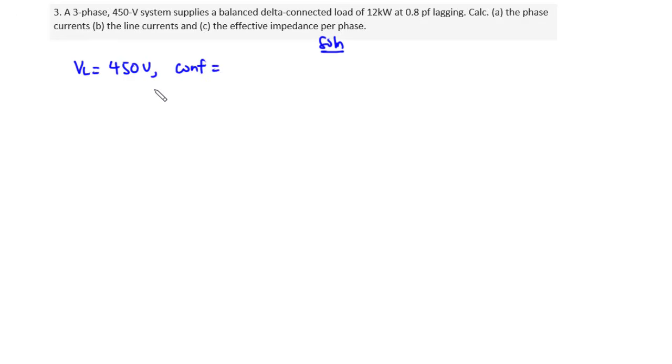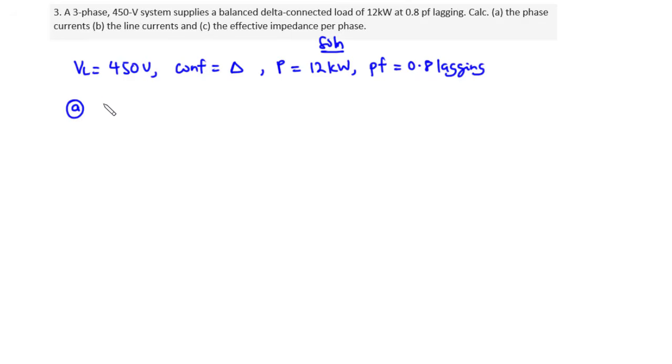The configuration is a delta configuration. We have the active power giving us 12 kilowatts. We have the power factor to be 0.8 lagging. And then we are asked to find A, the phase currents, B, the line currents, and C, the effective impedance per phase.